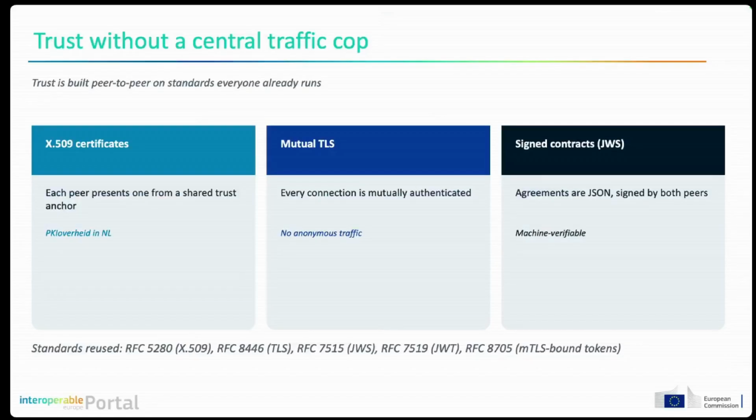What we use is certificates that you know from TLS. We have in the Netherlands a PKI overheid, which is a PKI government structure, which means we have certificates containing the identity of every organization, and every peer, which is an organization in a group, presents one of those certificates as their identity.